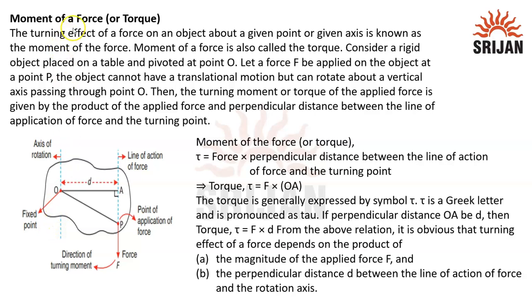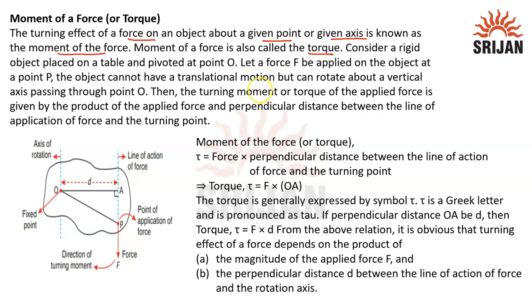Now let us talk about moment of a force, which we call torque. So we can say that the turning effect of a force on an object about a given point or a given axis is called moment of the force, and moment of the force is also called torque.